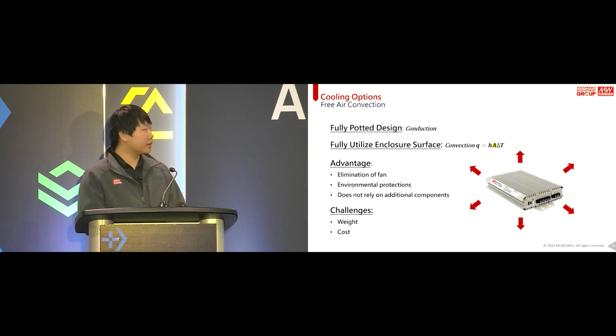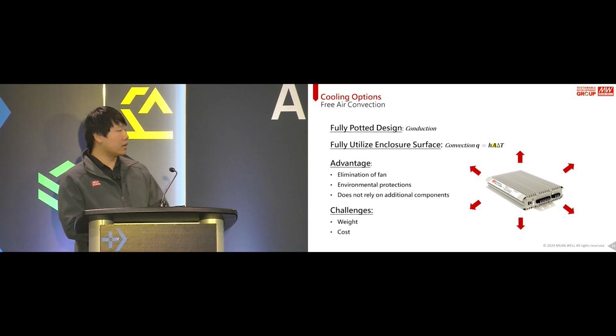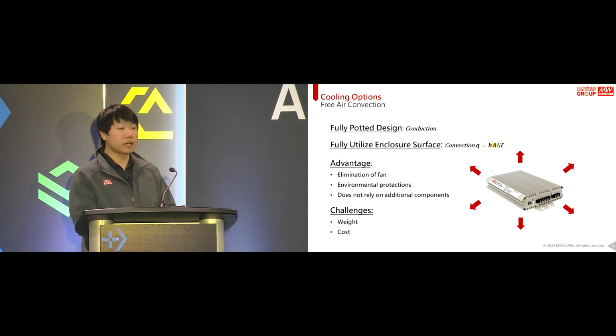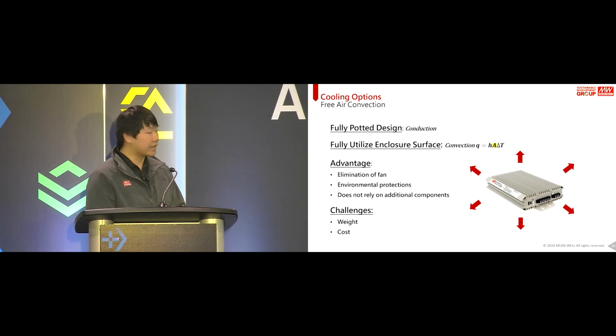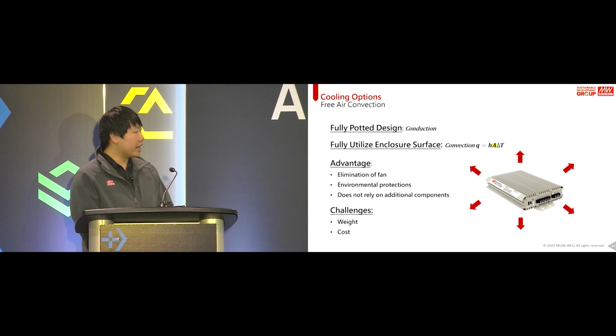The next type of cooling option is free air convection. It basically utilizes conduction cooling to get the heat out of the components, and there are also designs that utilize the enclosure surface for conduction cooling.